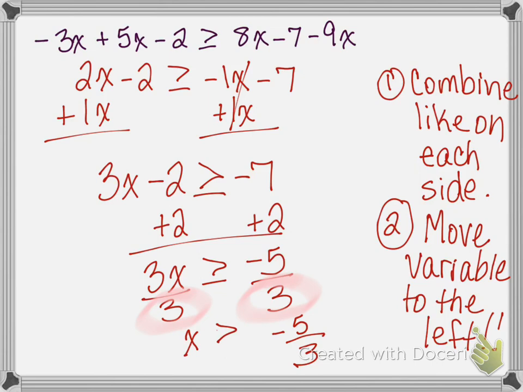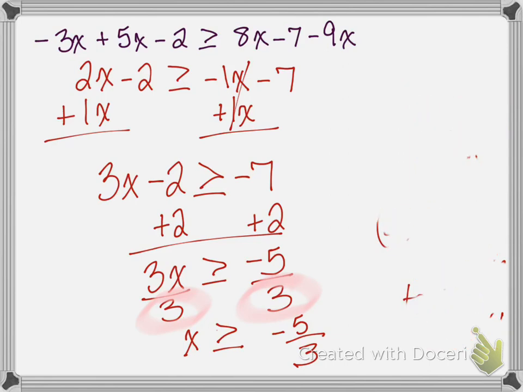So it is x greater than or equal to negative 5 over 3. Okay? And your graph is going to be a bracket at negative 5/3, which would almost be negative 2, and it is greater than.